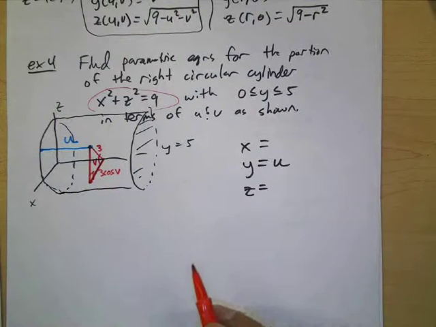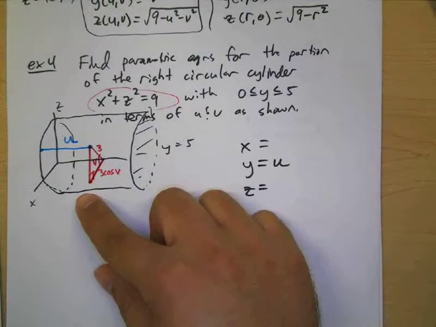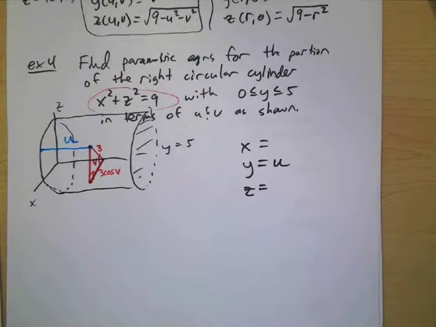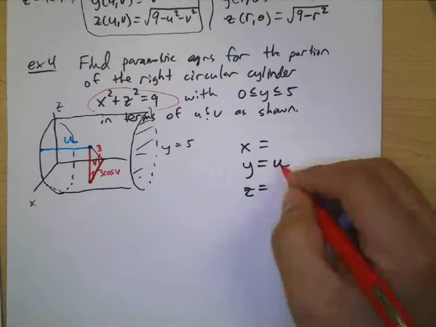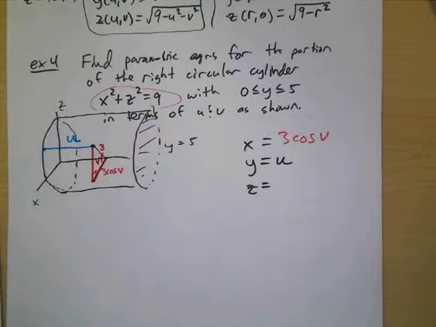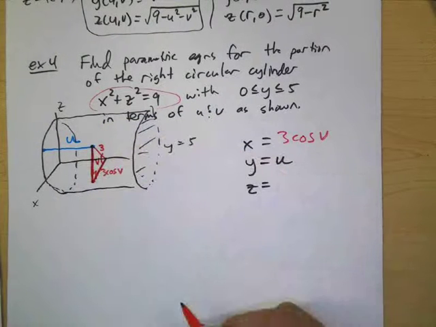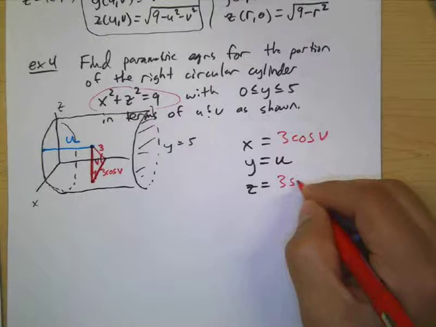That part isn't touching the cylinder, is it? No, it's not quite getting all the way out to that part, no. And then z would be basically the height of this triangle, right? 3 sine v. Okay.